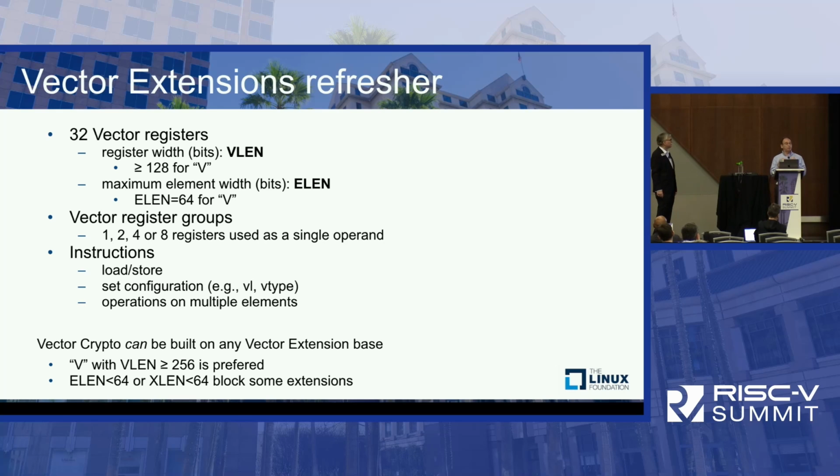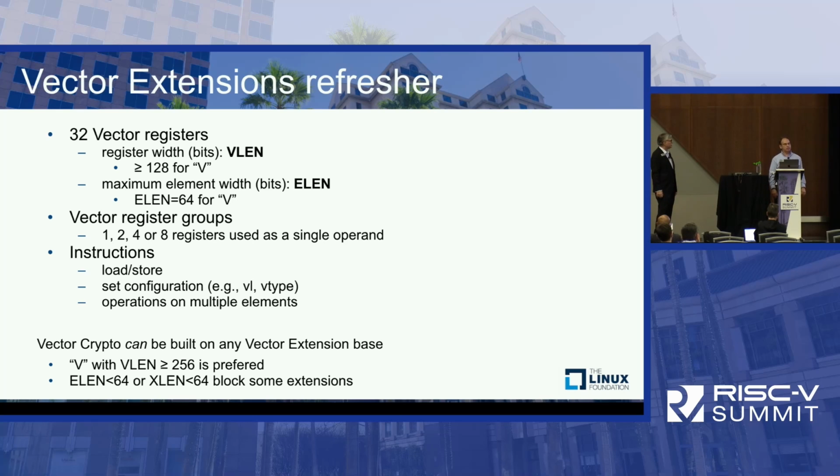So element sizes start at 8, and then they go up by multiples of 2, so 8, 16, 32, and 64. Those are the 4 different element sizes that you can have in the V extension.